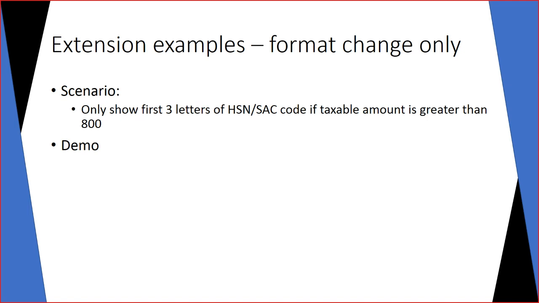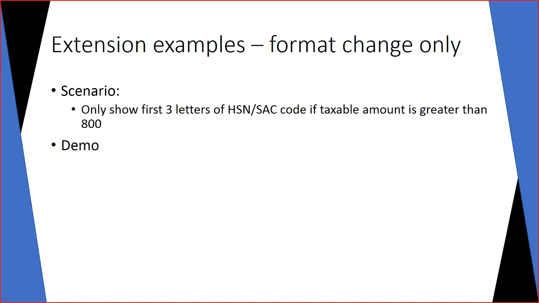So let's go to the first example. With this first example, we want to support showing only the first 3 letters of the HSN and SAC code in the GSTR report.